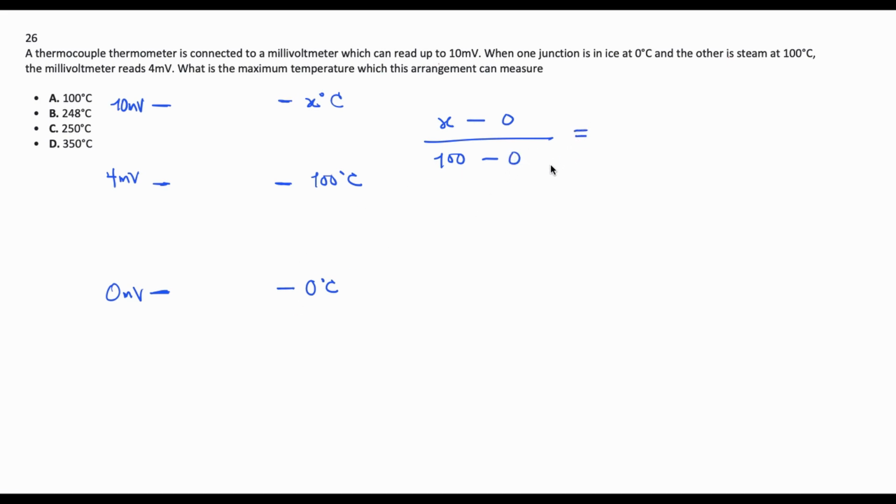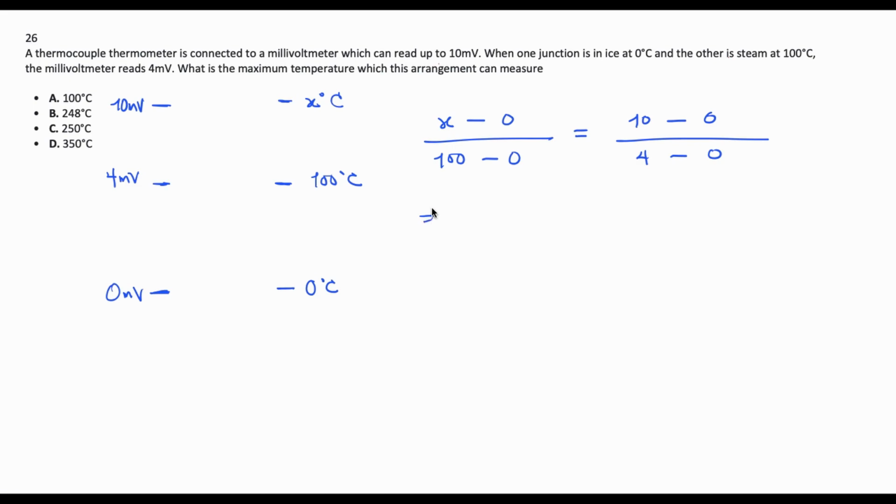Now this should be equal to, relating it to the scale on the millivolts, the maximum, which corresponds to X, that's 10 millivolts, minus the minimum, which is 0, divided by the measurements that we know, which is 4 millivolts corresponding to the 100 we have here. So that's 4, minus the minimum, 0. Now we can go ahead and solve for X.